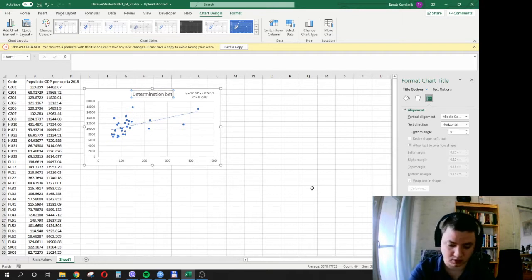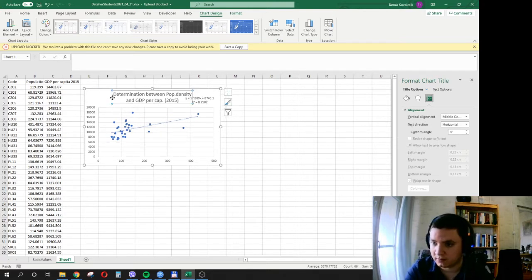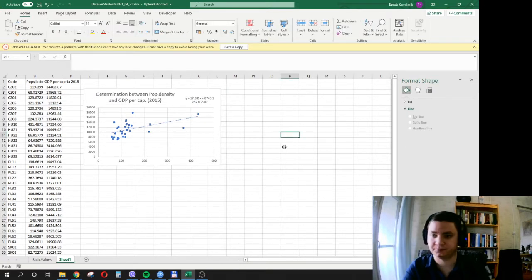Okay, we have the diagram and the R square too.